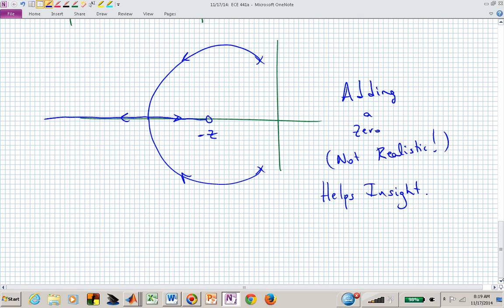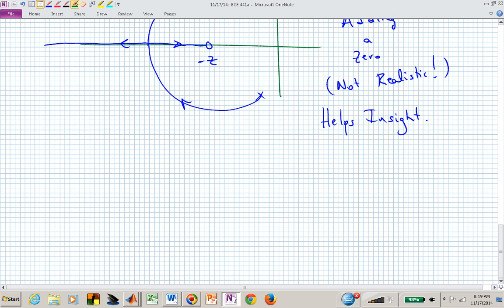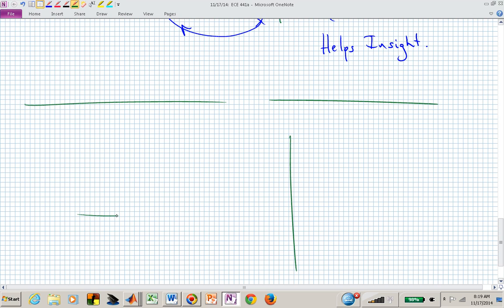You could now say, let me now get more realistic. This is why it's helpful to know the root locus rules. I now have to put a pole to the left of that 0 to make a realizable transfer function.